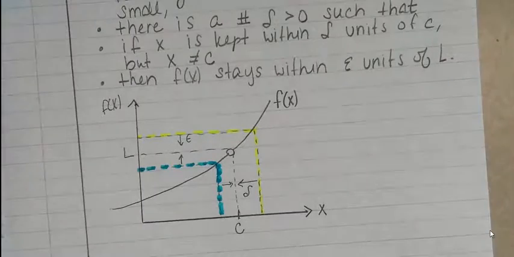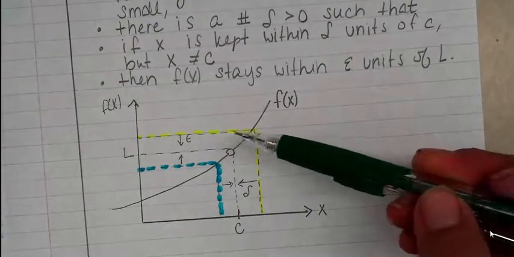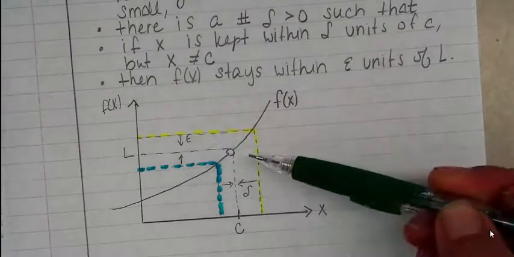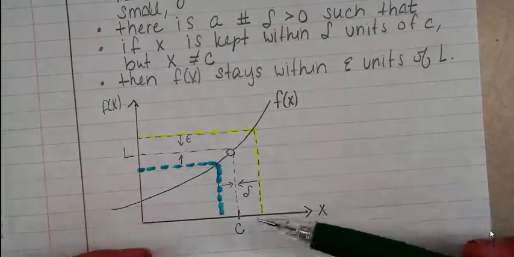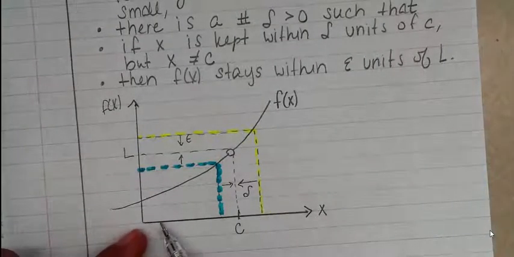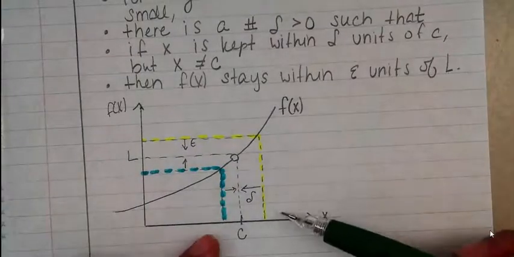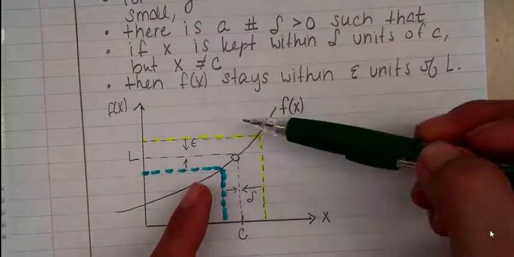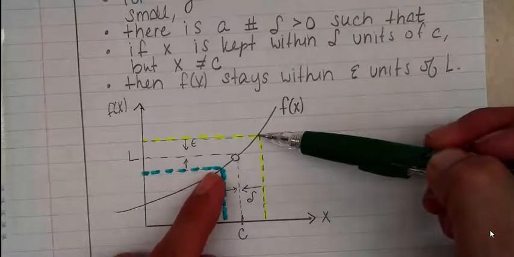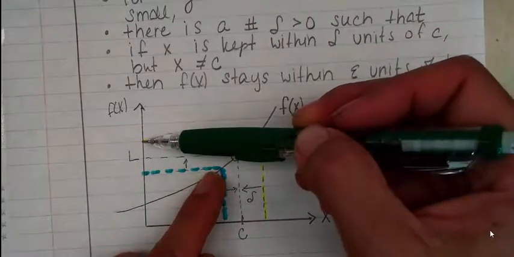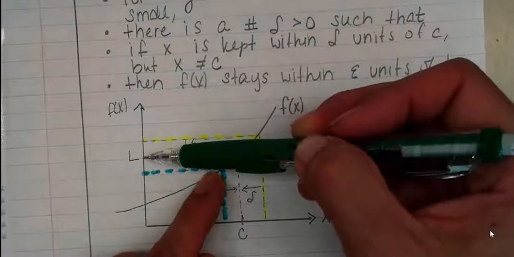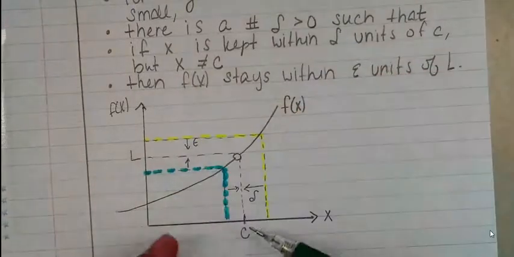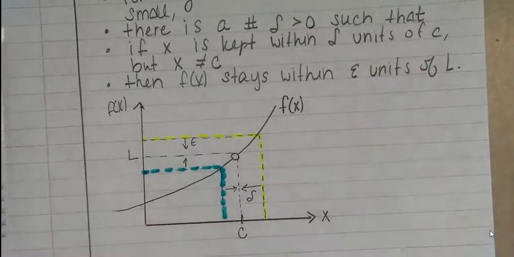So that's all it's saying, is that if you are on this graph and you're coming from the left towards c or from the right towards c, then you're also going to be approaching this limit from either the top or the bottom, depending on if you're coming from the left or from the right.